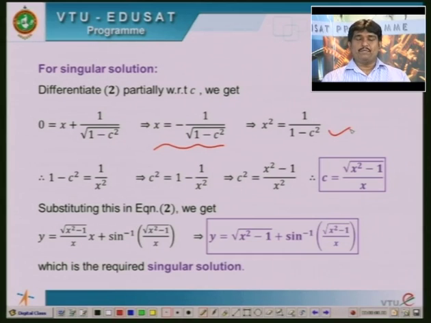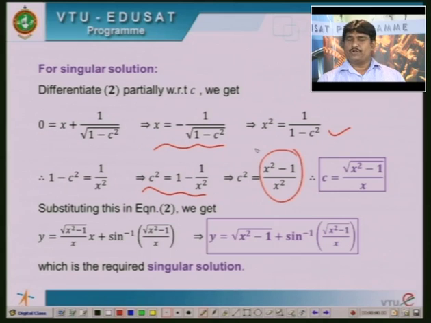Squaring on both sides gives this result, x square equals 1 divided by 1 minus c square. Cross multiply, so 1 minus c square equals 1 by x square, which implies c square equals 1 minus 1 by x square. Take x square as LCM to get c square equals (x square minus 1) divided by x square. So c is root of (x square minus 1) divided by x.